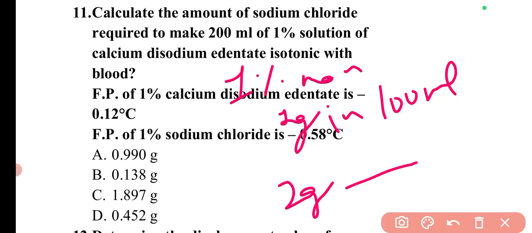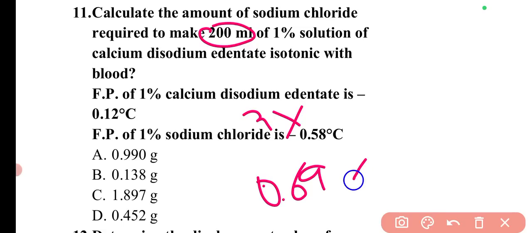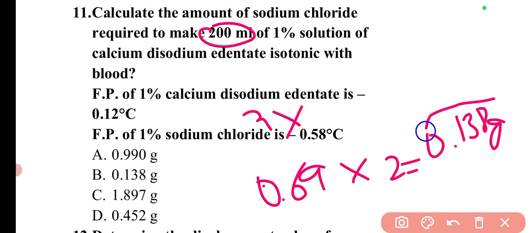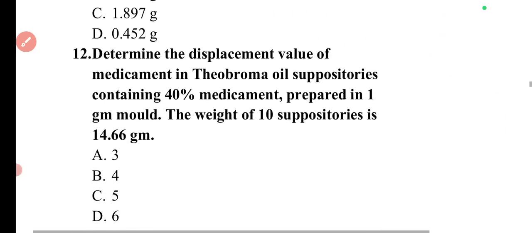This is 0.69%, so for 200 ml we simply multiply by 2. So 0.69 percent multiplied by 2 becomes 0.138 grams. So the correct answer is option B, 0.138. Then we can move to the next question.